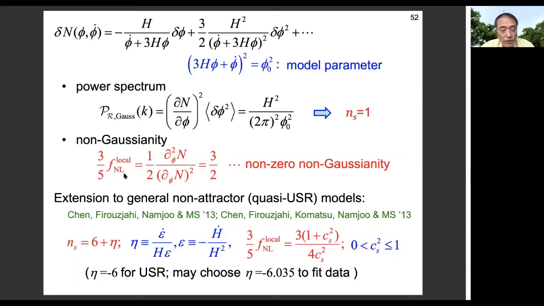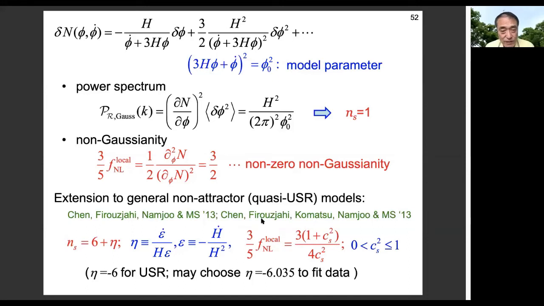This so-called local non-Gaussianity will not be zero, but it has some finite value. And this can be extended towards arbitrarily more complicated models where you can produce arbitrary non-Gaussianity. You can choose this to fit the observational results at present, although it doesn't mean that observations support this model. I'm just saying that you may have this kind of model.